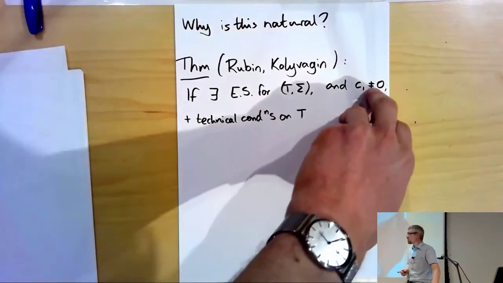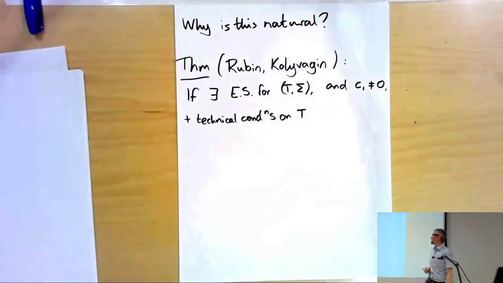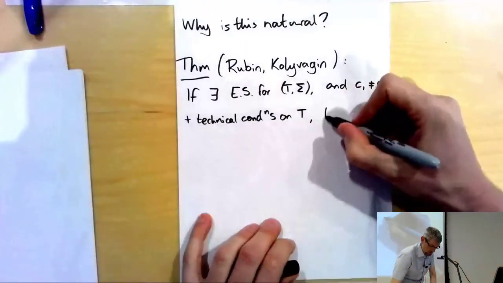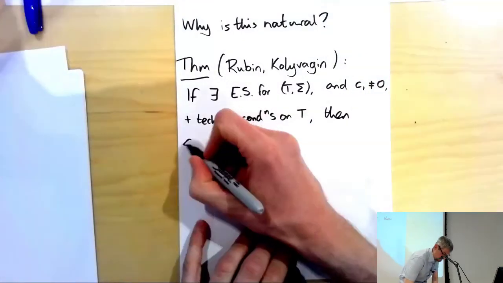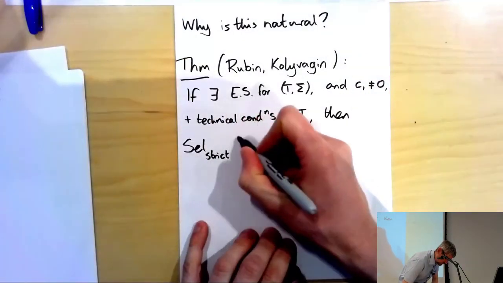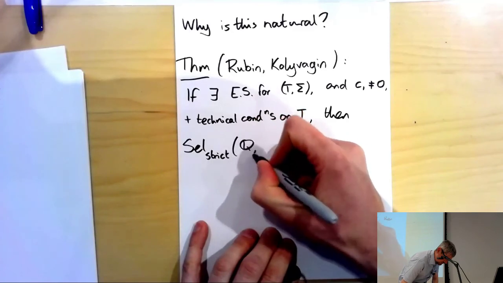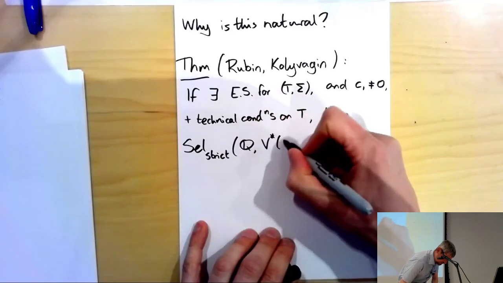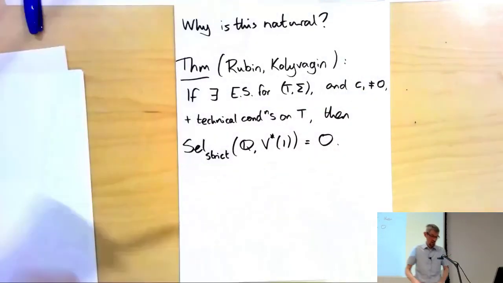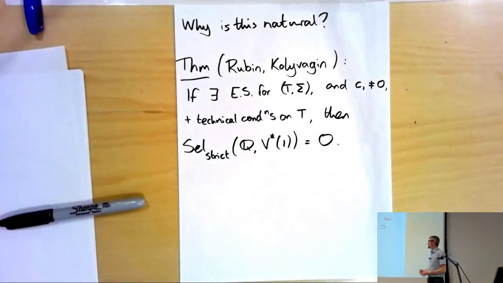So Sarah was pointing out that this theorem is stated in Rubin's book with the assumption that c_1 be non-torsion, but I can just fold that into the technical conditions. So the strict Selmer group under these hypotheses vanishes.